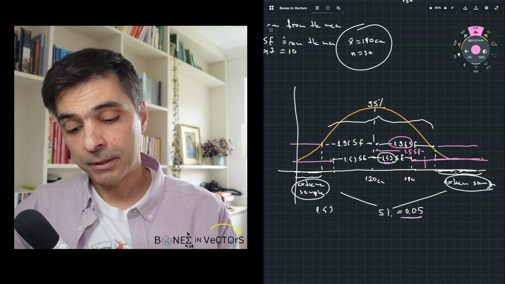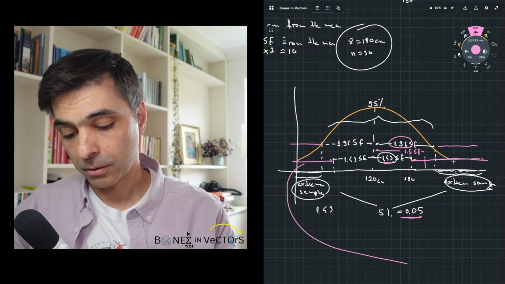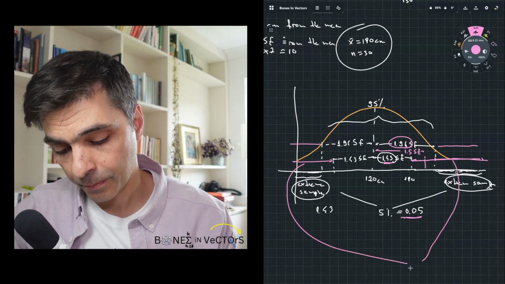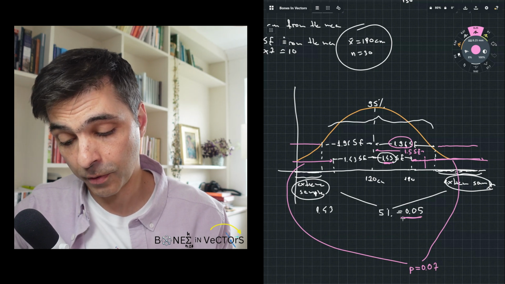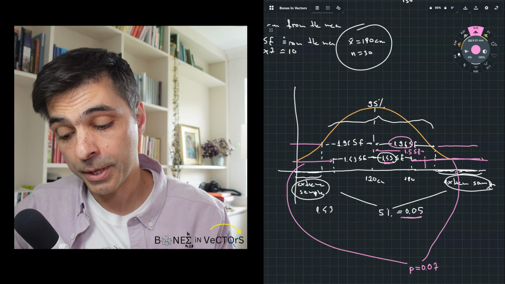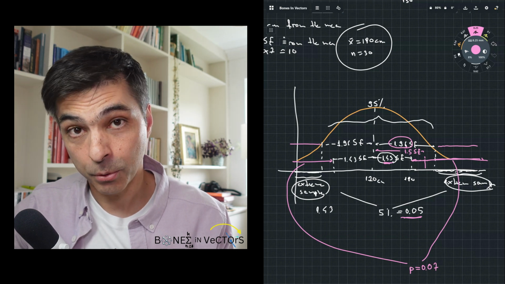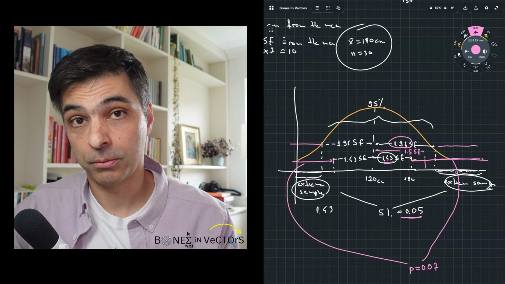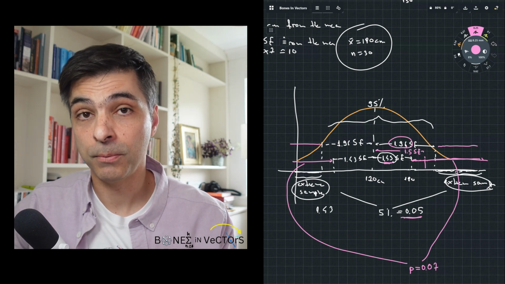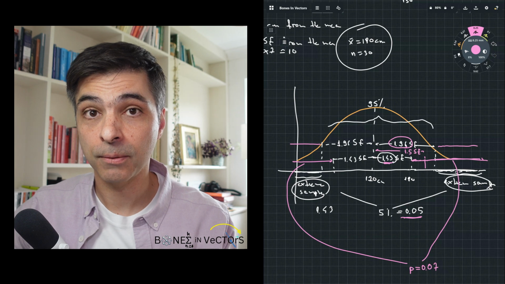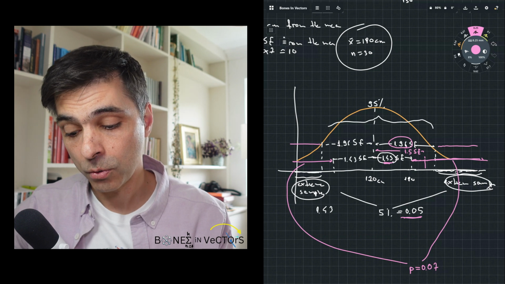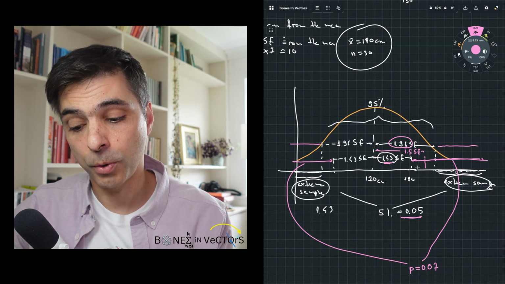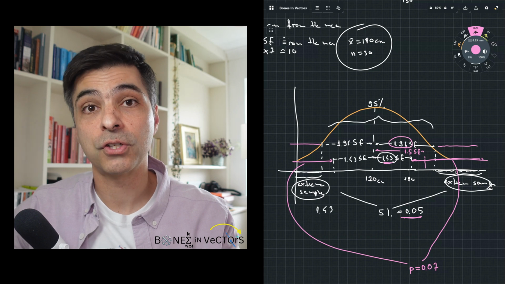If the probability of that, let's say, p equals 0.07, which is more than 0.05, then we know that our sample is not an extreme sample, because to be an extreme sample, the probability of getting it must be less than 0.05. So we know that our sample is within the 95% of samples.